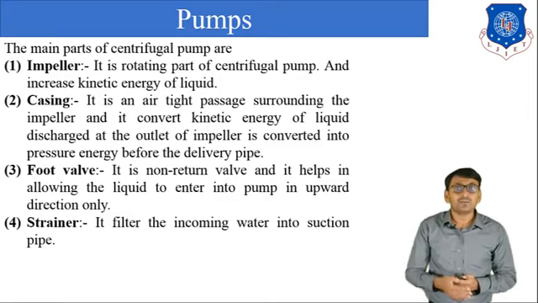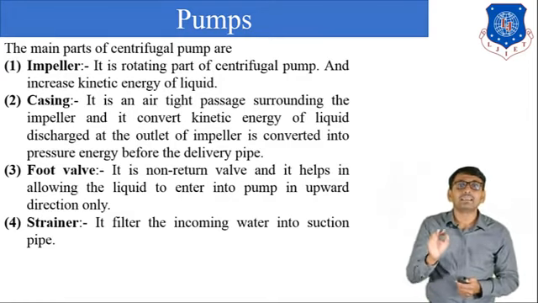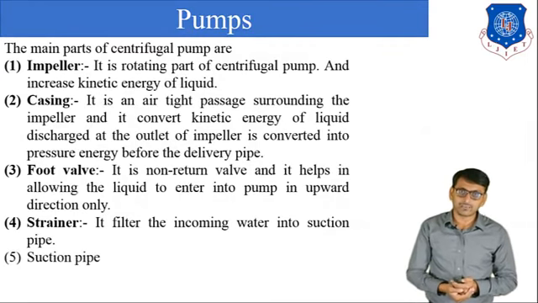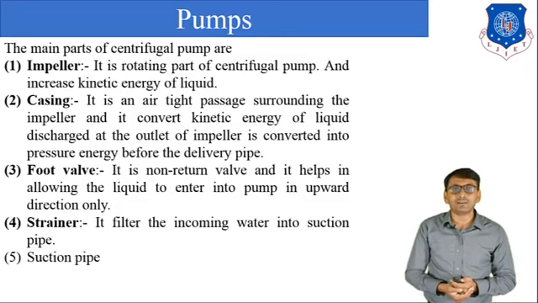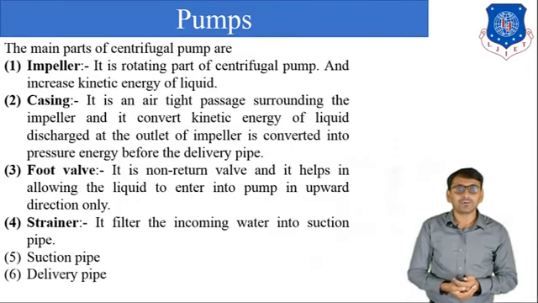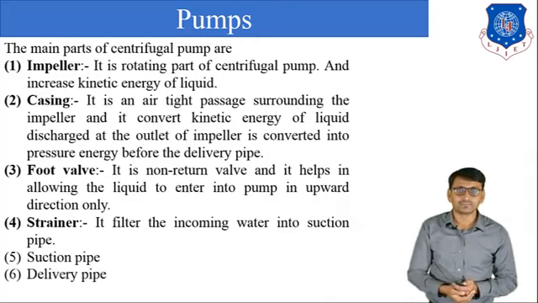So the strainer filters dust particles and sediment from the incoming water. And next one, the suction pipe, which transfers liquid from the sump to the casing, and the delivery pipe, which transfers liquid from the casing to a particular application.